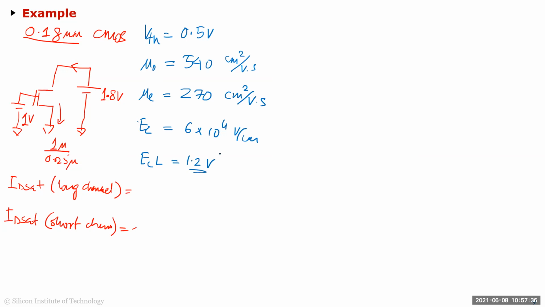So it's already calculated for you. Okay, and Cox is equal to 1 microfarad per centimeter square. Okay, so do this calculation.